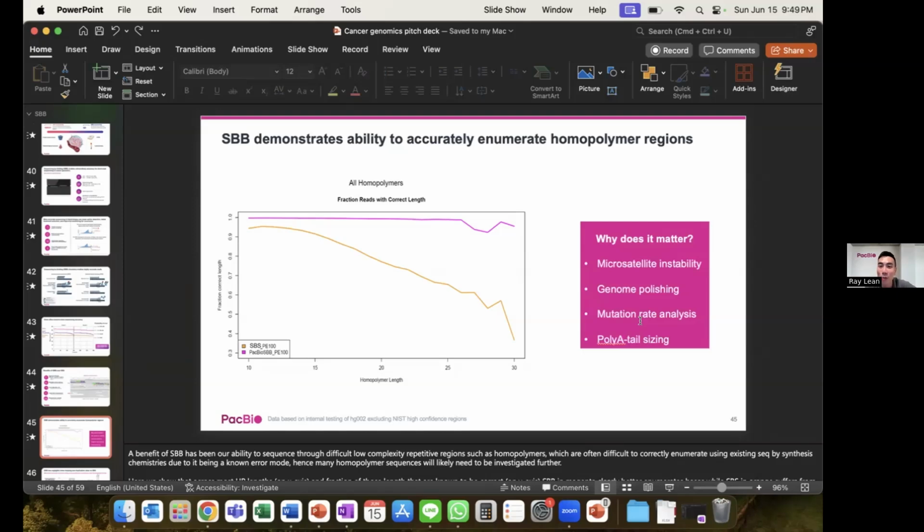So it can be used for genome polishing. Okay, if you have any literature or information about that, please send me via email. I'm interested because genome polishing is very difficult.